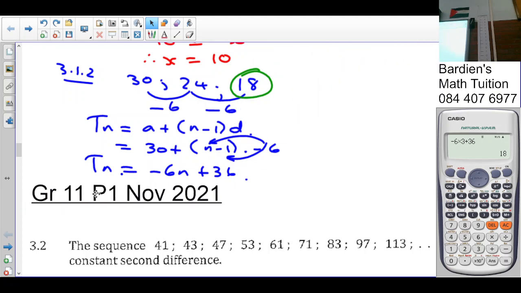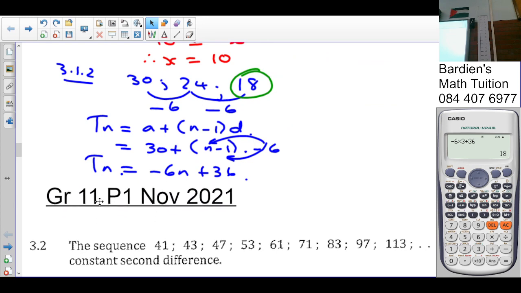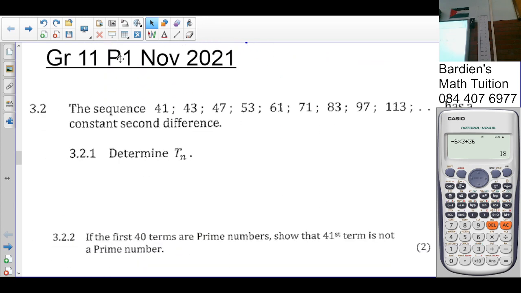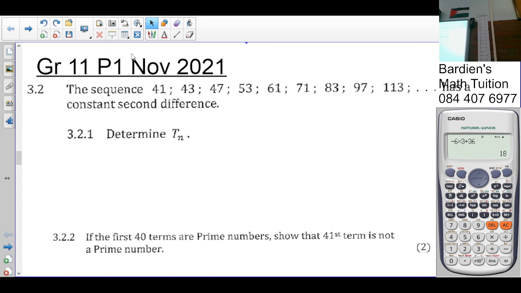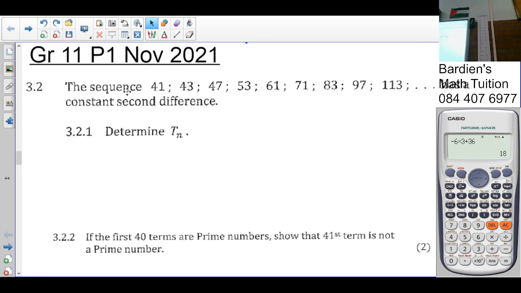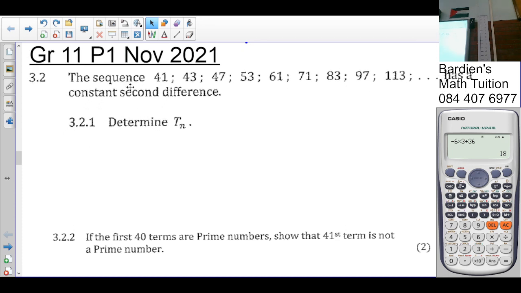In question 3.2 we are told the sequence 41, 43, 47, 53, 61, 71, and so on has a constant second difference. So what does that mean? That means your general term will be quadratic.